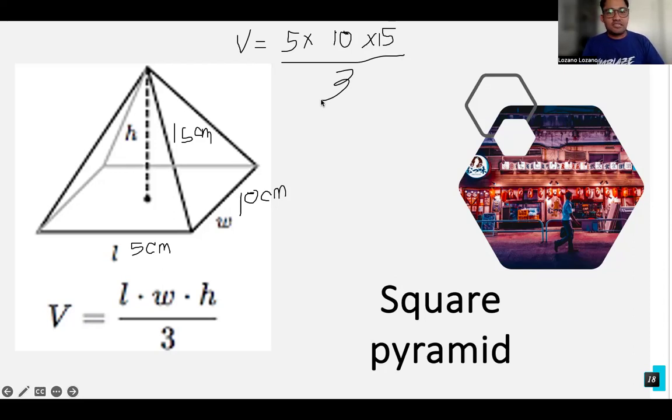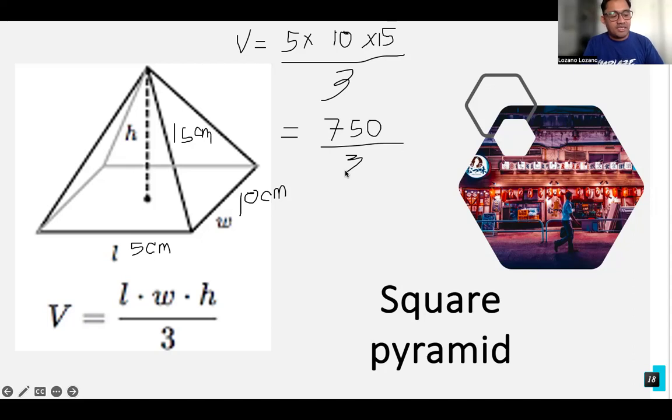So let's start. 5 times 10, that is 50. Very good. Times 15, that is 750. So divide it by 3.